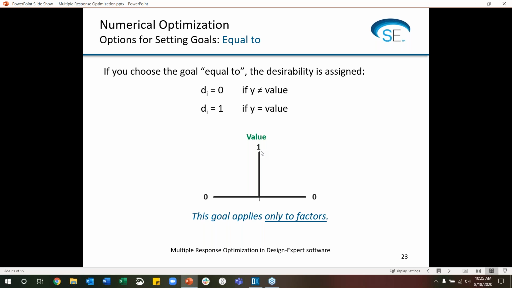Maybe in my DOE, I was comparing vendor A, vendor B, and vendor C. And in the optimization, I decided that vendor B was best. And so I would set the goal for that factor to be equal to vendor B, and then I can optimize just around that one vendor. So then desirability is at 1 for that particular setting.